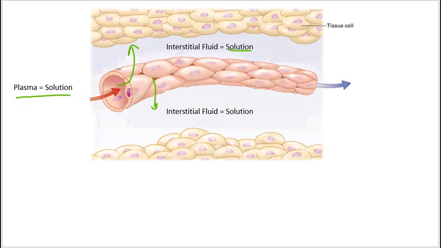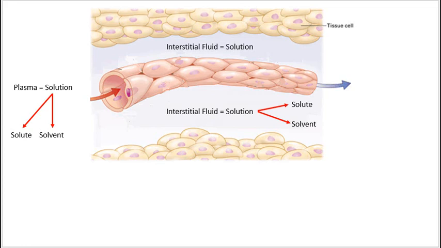What is a solution? A solution consists of two parts: solutes and solvents. The same thing is true of interstitial fluid. What is solute? Solute basically exerts osmotic pressure. Solute is everything that's dissolved in that solution.